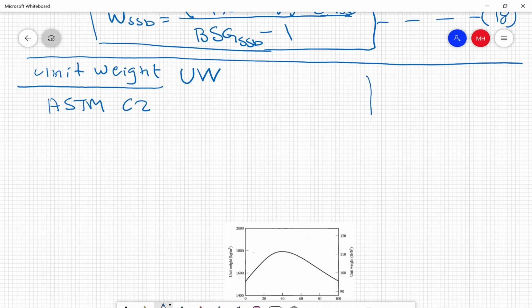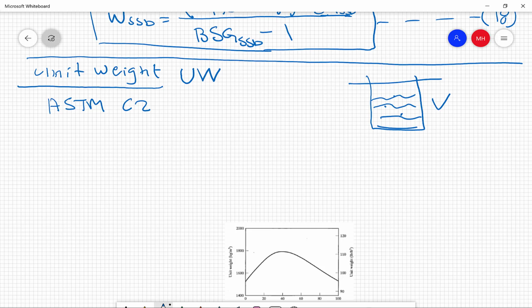So basically, it's a known volume, and you just weigh the container. Clearly, the compaction of the aggregate within the container will change the amount of void space and subsequently the value of the unit weight. So this is a variable.